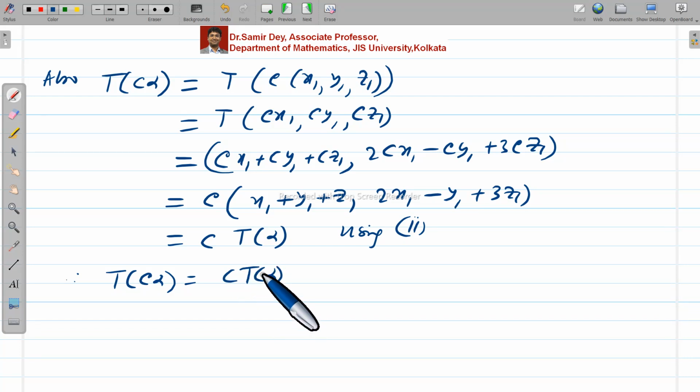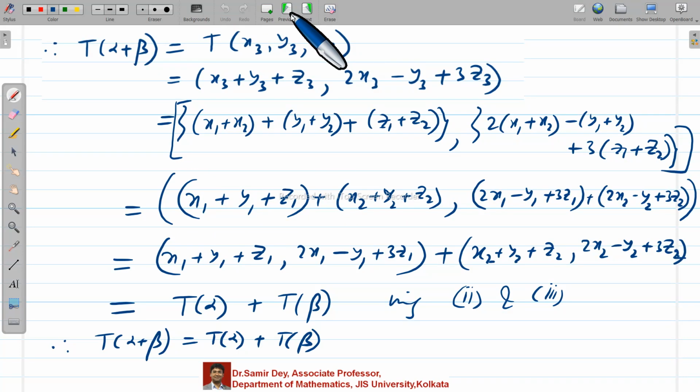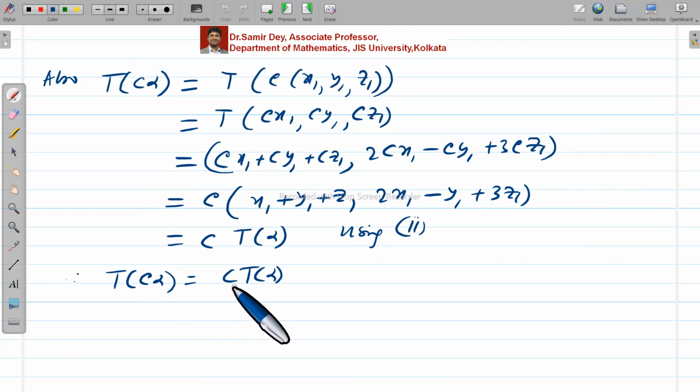Okay, so that means both conditions are satisfied. Number one condition, T of alpha plus beta is equal to T alpha plus T beta, and T of C alpha is equal to C T alpha.